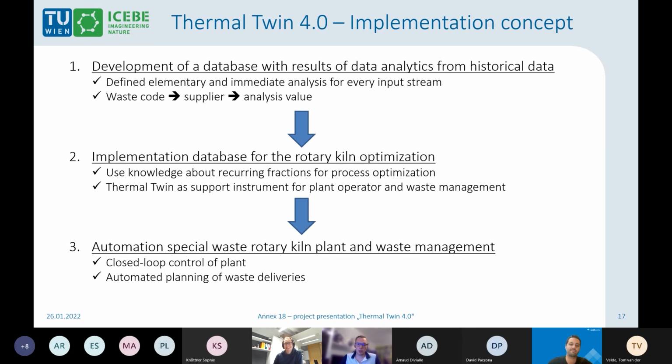There is one idea for camera analytics, so optical analytics, for the ash, because in the combustion plants you have to consider that you don't have that much TOC in the ash in the end to dispose it.